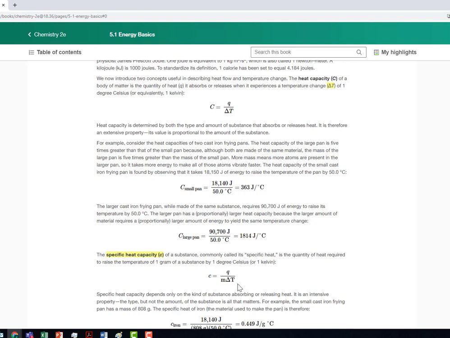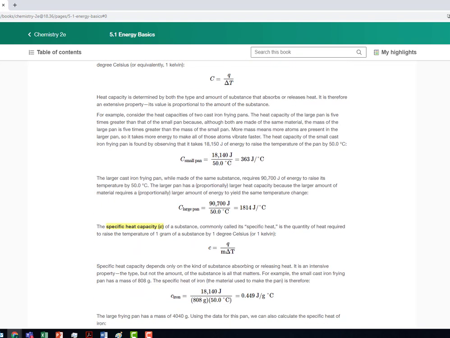Now, one thing that you'll notice is different in this definition than most of the things we've looked at so far is that it is something that has not just 2 units, but 3 units. We have heat, we have mass, and we have the change in temperature. Just be aware that that will make the math that we do with this a little bit more involved.